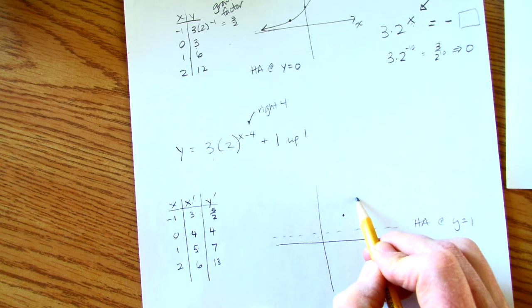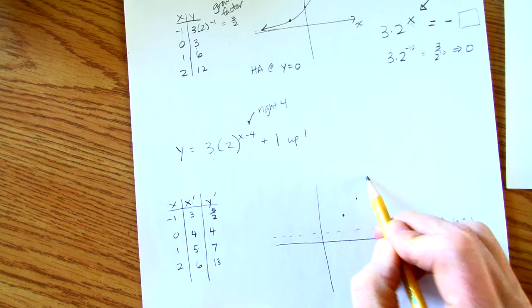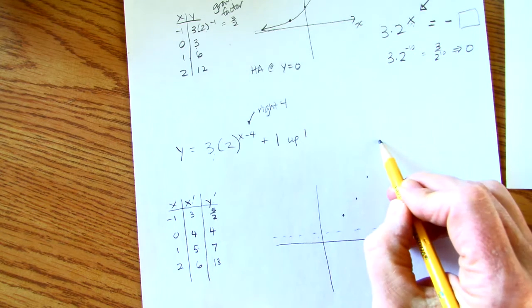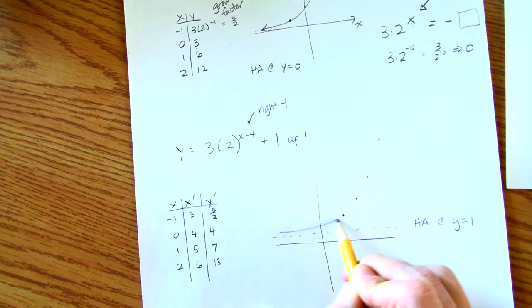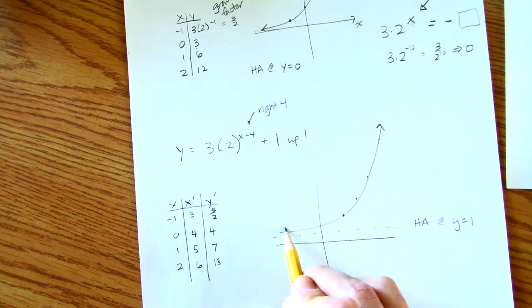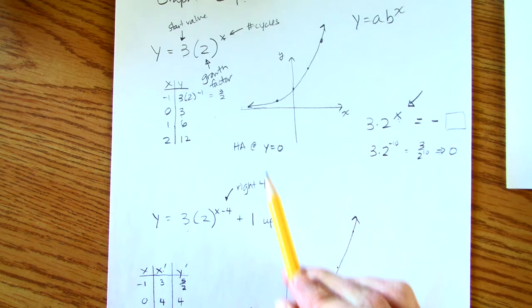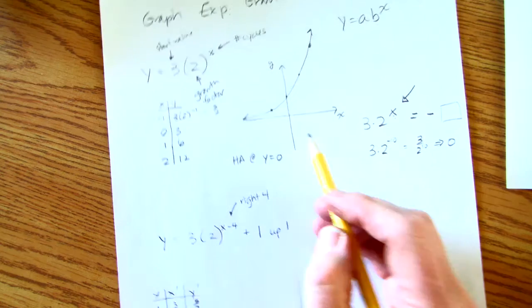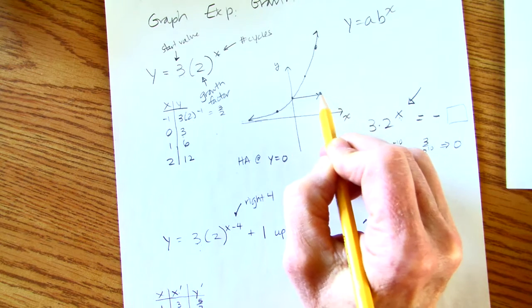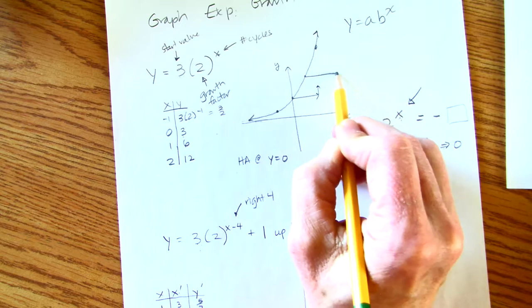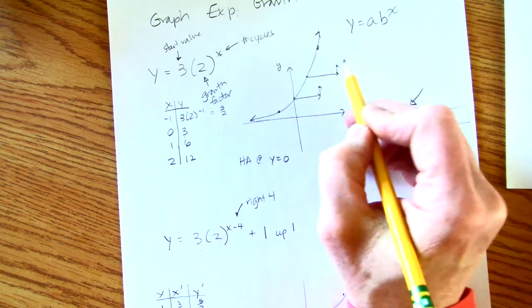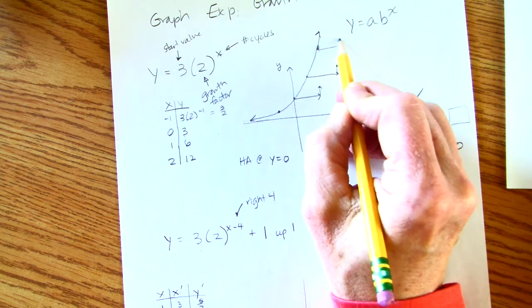At 4, I'm at 4, at 5, I'm at 7, at 6, I'm at 13. So again, this is going to look something like that. This graph just got shifted to the right 4. Every point went right 4 and up 1.